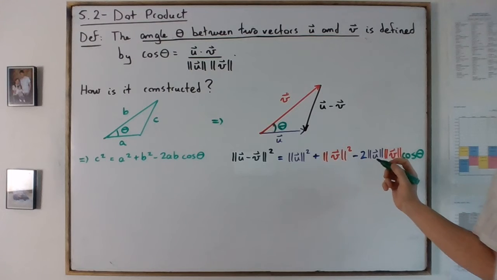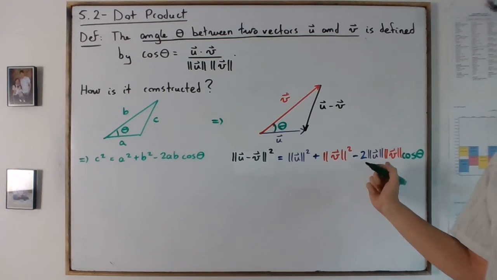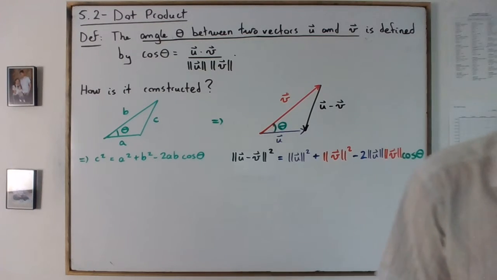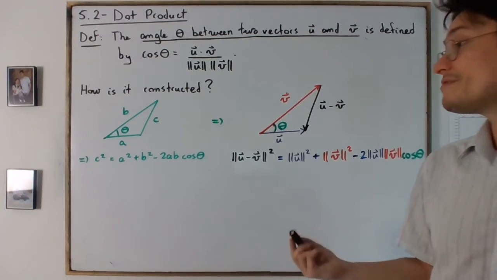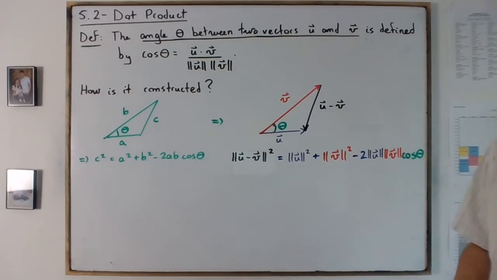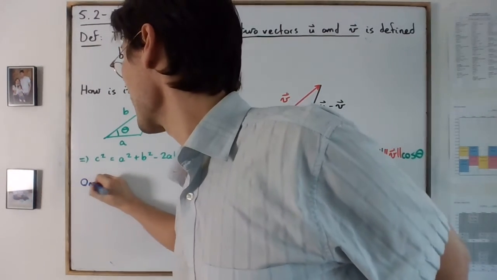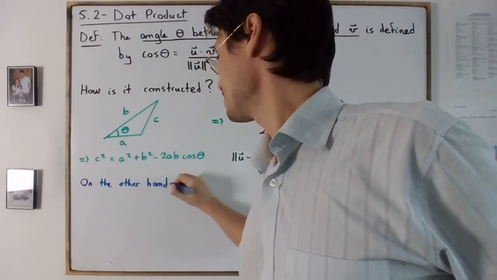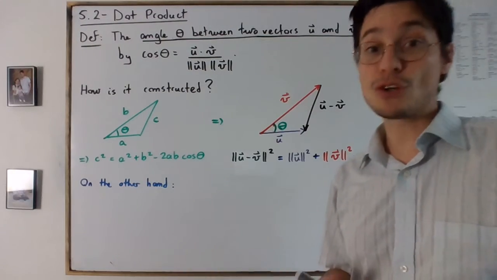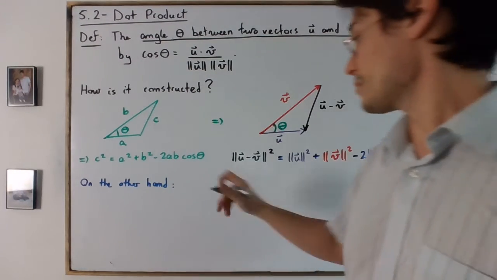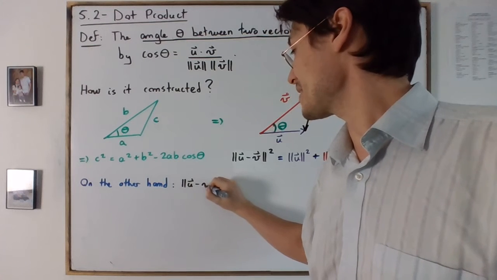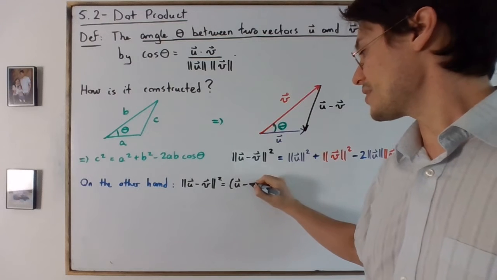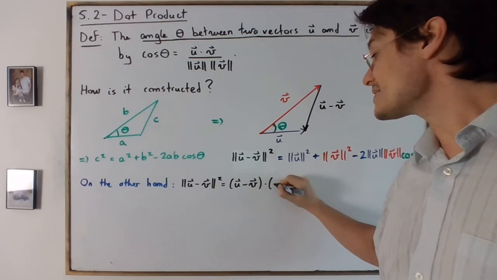We will be able to easily solve for this, but first let's write what the norm of u minus v is, on the other hand. The norm of u minus v, squared, is the same thing as the dot product of u minus v with itself.